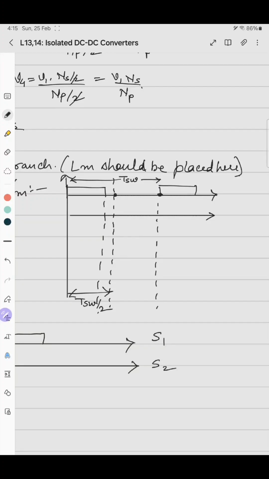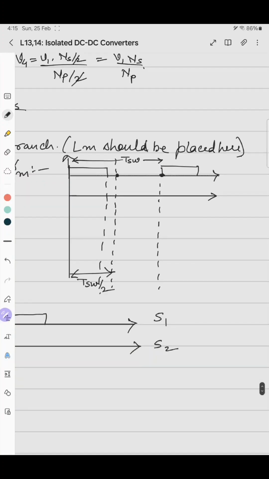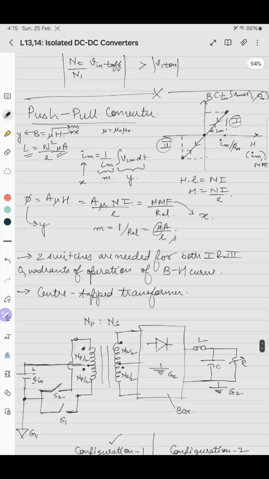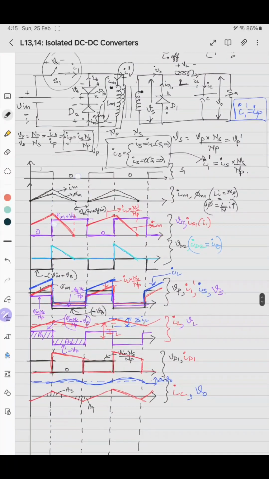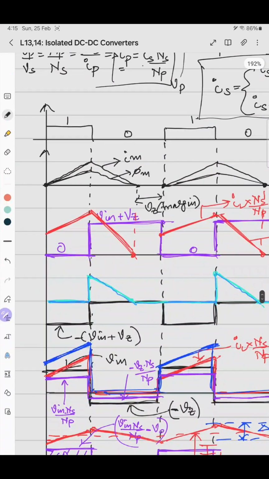So phi m in our forward converter was only going up, becoming 0 before turn on of the next cycle. So our aim is to now bring this Im into the negative quadrant also.